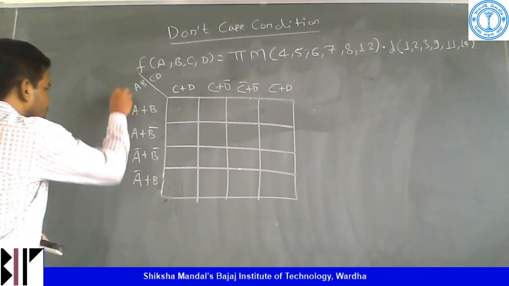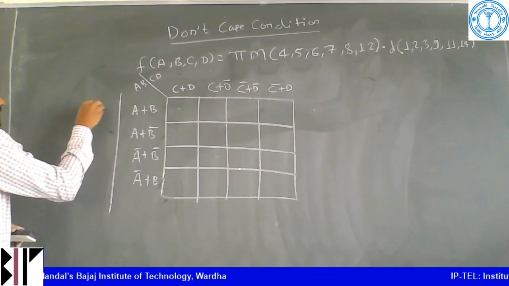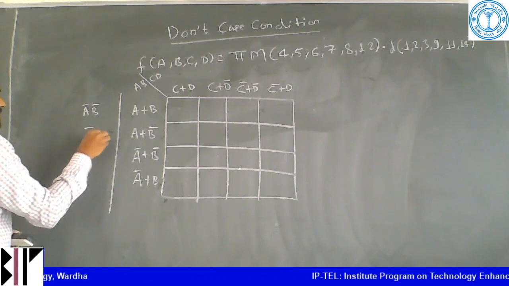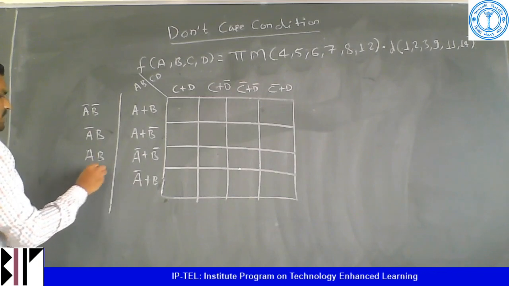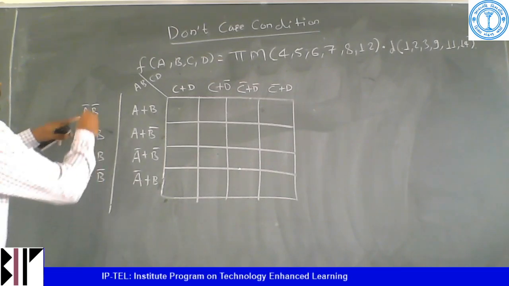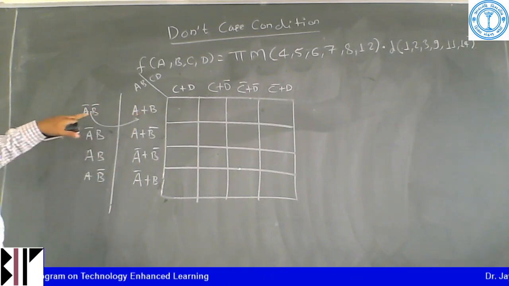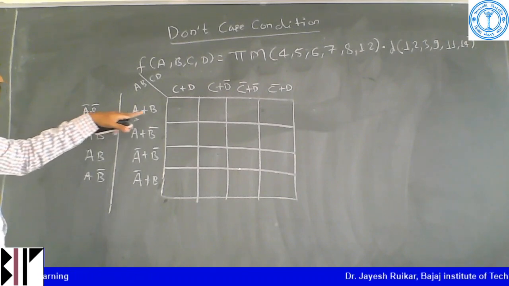Understand these changes. In terms of min terms, I am repeating this, we are writing A bar dot B bar. This side we are writing A bar B. This side we are writing A B and A B bar. So what is changed? The multiplication is converted to addition, and the complemented variable is converted to the normal variable.